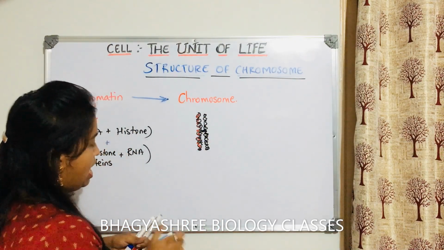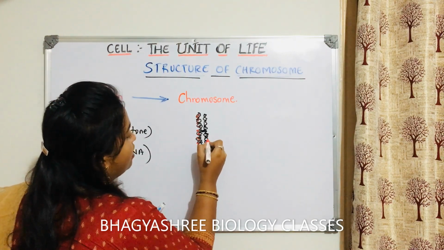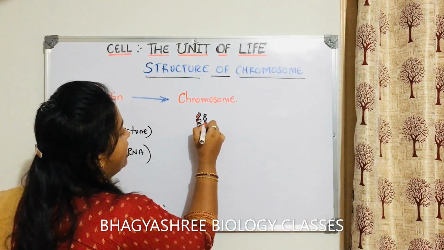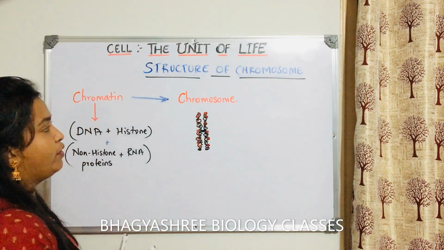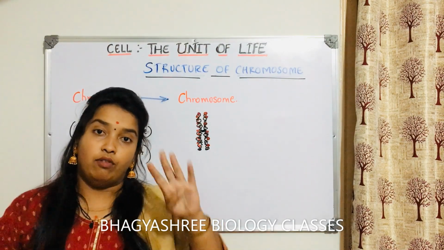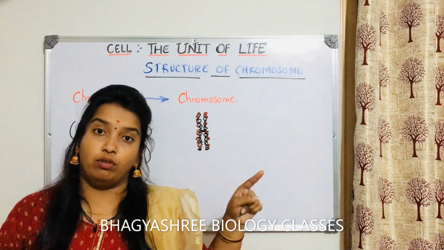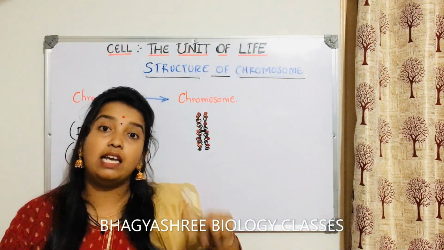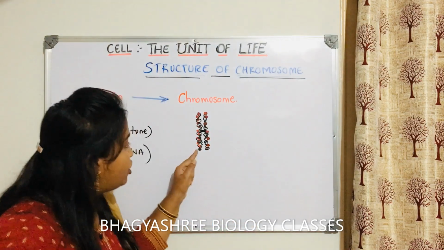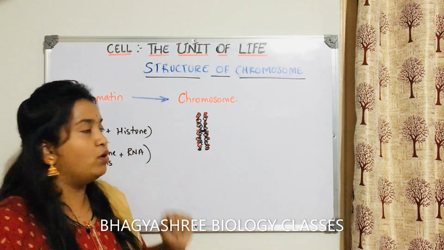Along with the histones here and there. Histone what? Nucleosomes. We don't know what a nucleosome is. Eight histones, that is the histone octamer plus DNA, is a nucleosome. So you will find so many nucleosomes here.